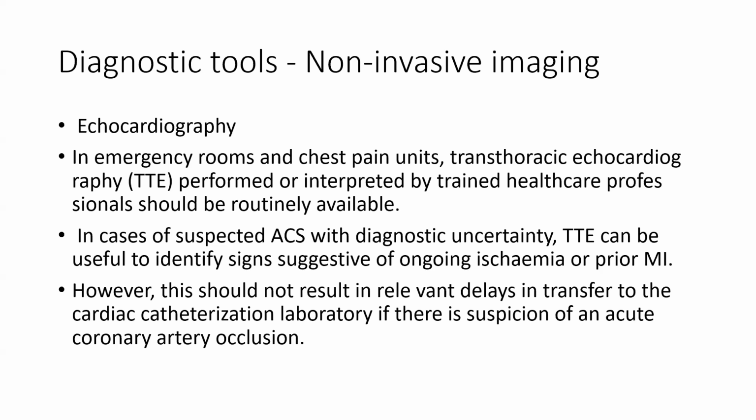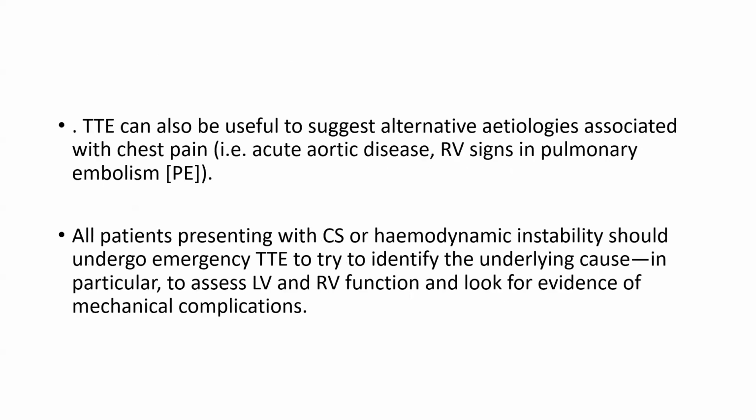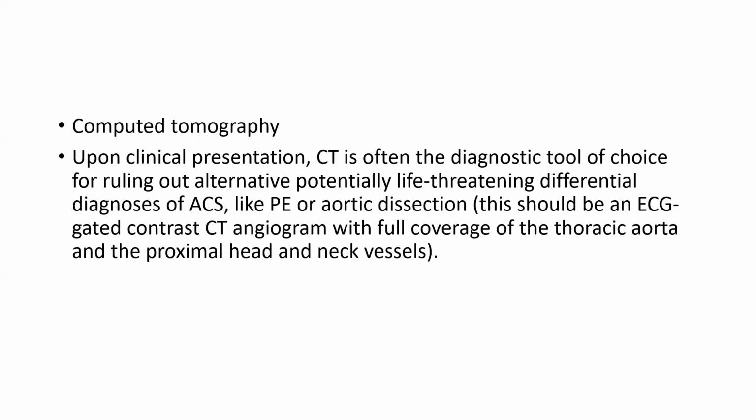However, this should not result in relevant delay in transfer to the cardiac catheterization lab if there is suspicion of acute coronary artery occlusion. TTE can be useful to suggest alternative etiologies associated with chest pain. All patients presenting with cardiogenic shock and hemodynamic instability should undergo emergency TTE to try to identify the underlying cause, in particular to assess LV and RV function and to look for evidence of mechanical complications.